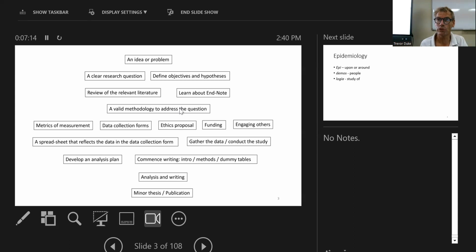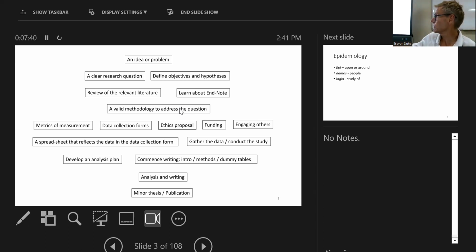You don't write a proposal and then write another funding proposal, or write one for ethics, and then start again when you're trying to write your thesis. If you write the introduction well and the methods well, you usually need to modify them a bit, expand them a bit, but at least you've got some writing down on your computer to start with, because often people find the writing the very hardest part.